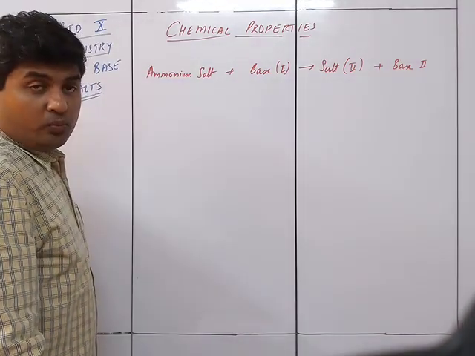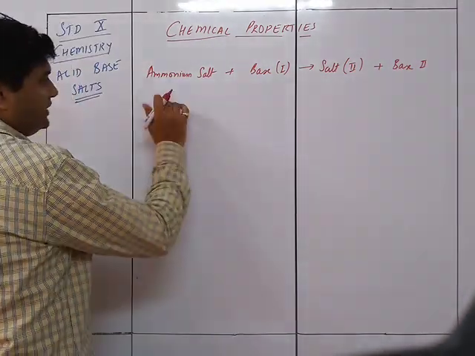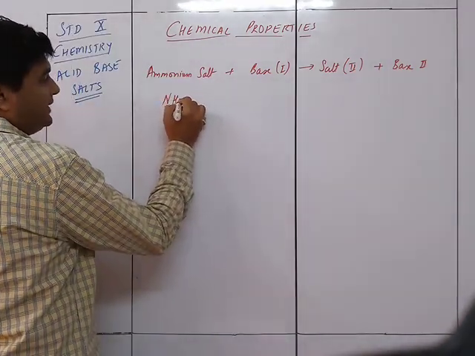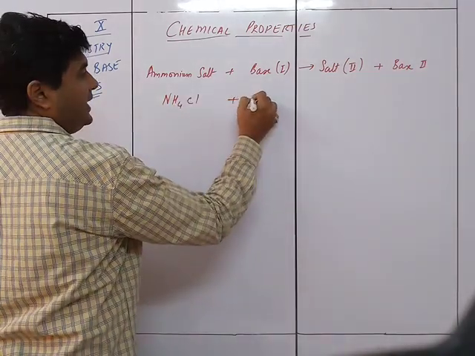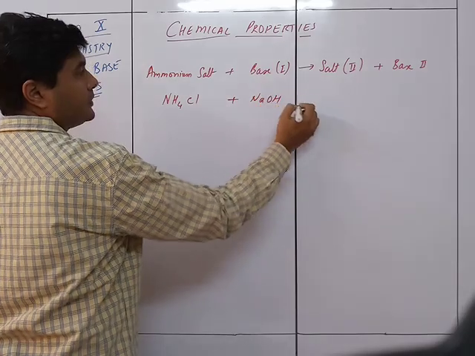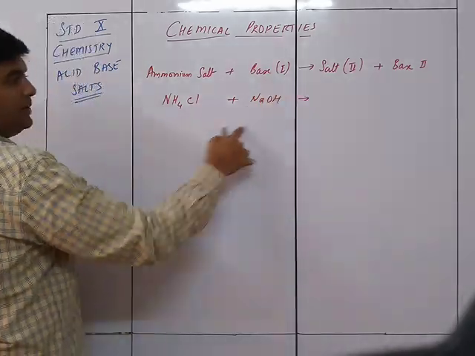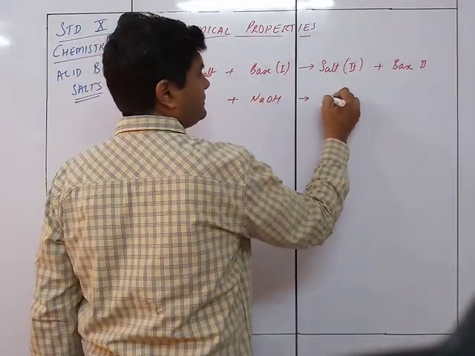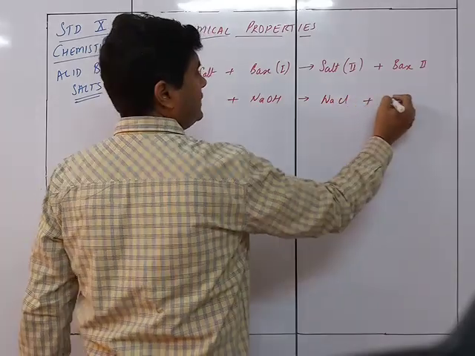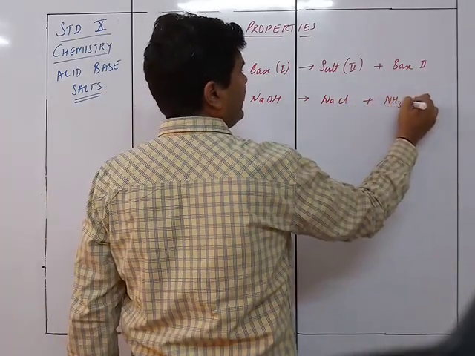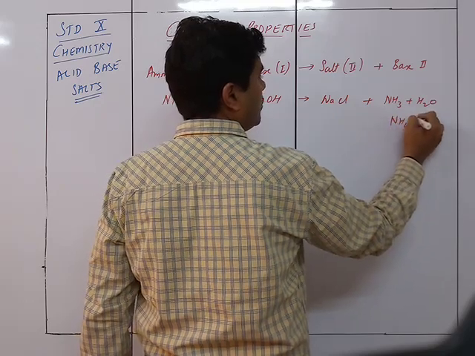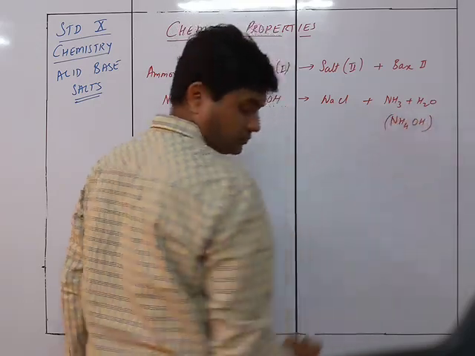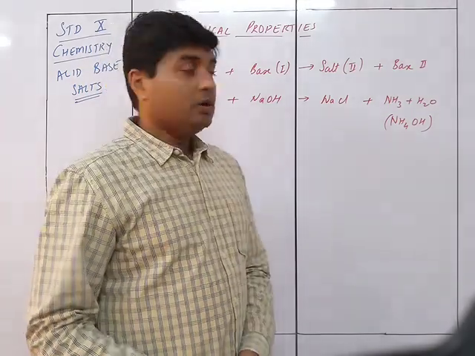Now this base 2 will be like this: the ammonium salt, NH4Cl, plus NaOH will give me, by double displacement, NaCl plus NH3 plus H2O, which can be written as NH4OH.